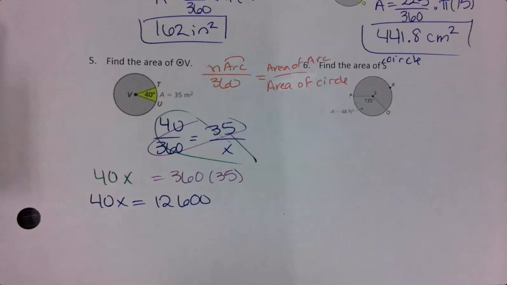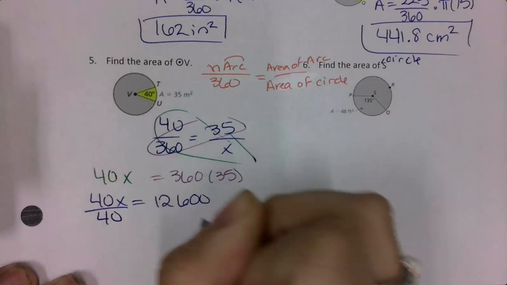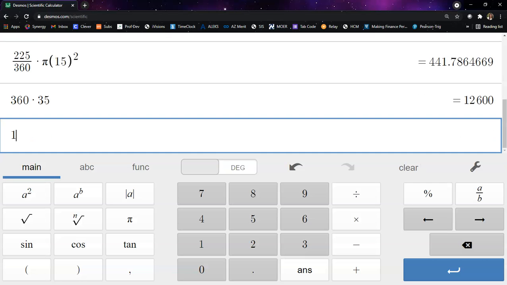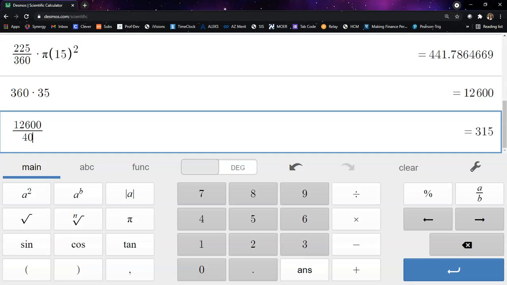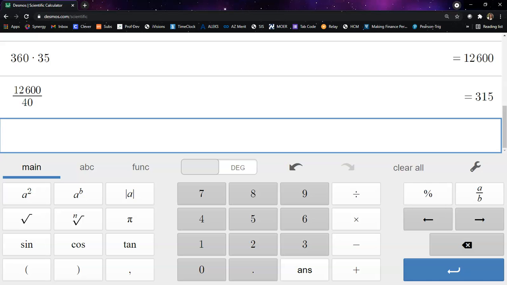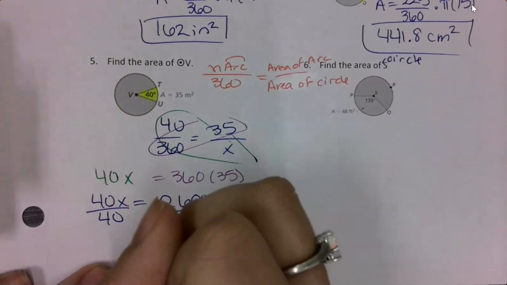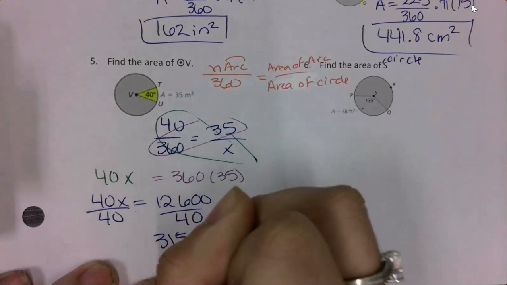Then to get the final answer here, I want to divide both sides by 40. So then I can go to Desmos and type that in, which gets me 315. So my area on this one is 315 meters squared.